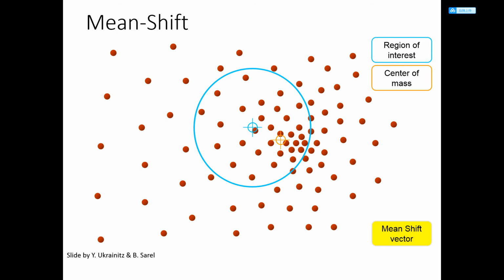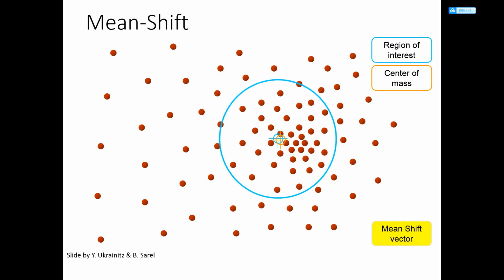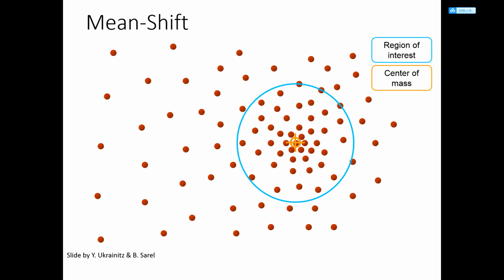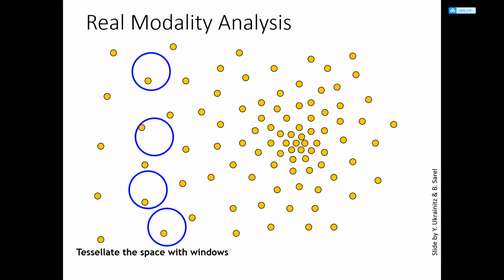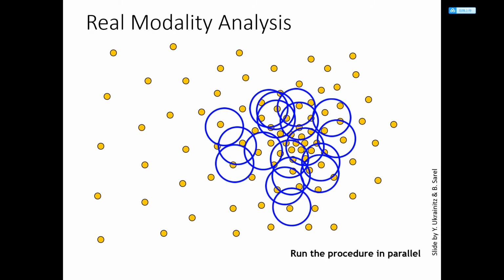You shift to the new center, then you have a new region of membership, right? Then you can repeat that. You have this so-called mean shift vector. You continue to repeat that, and finally you shift to the center of the data sets there.